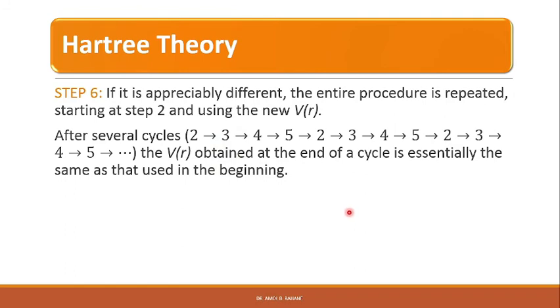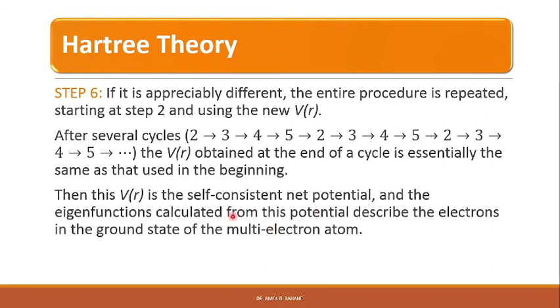At the final step we obtain some potential, and that potential is compared with the potential we obtained in the previous step, and if these two potentials are the same, then we can say that our potential is self-consistent, right? Then this V of r is the self-consistent net potential, and the eigenfunctions calculated from this potential describe the electrons in the ground state of the multi-electron atom.